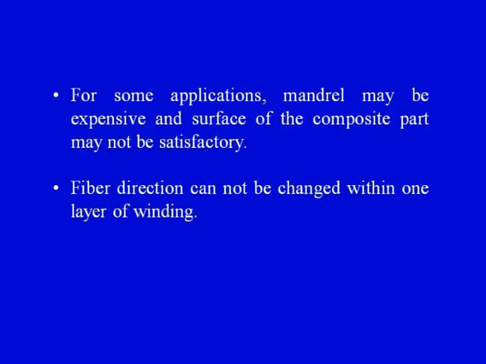For some applications, mandrel may be expensive and surface of the composite part may not be satisfactory. So, we can control the inner surface finish because that would depend upon the surface finish of the mandrel, but sometimes it becomes difficult to control the outer surface finish of the filament wound product, and we cannot do any finishing operation on that.